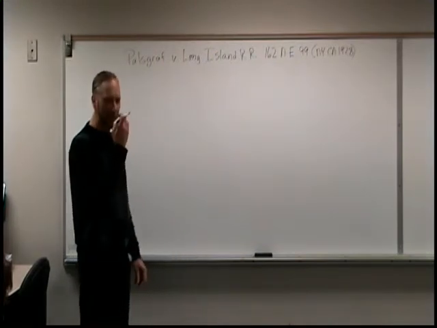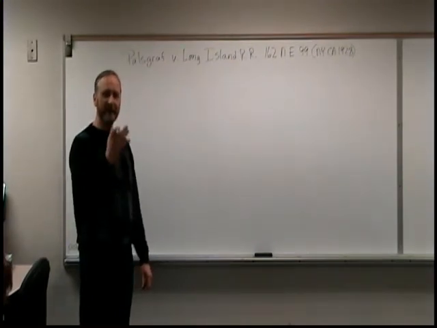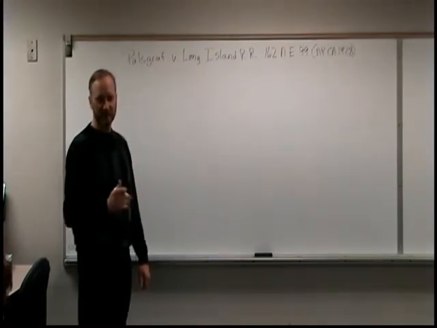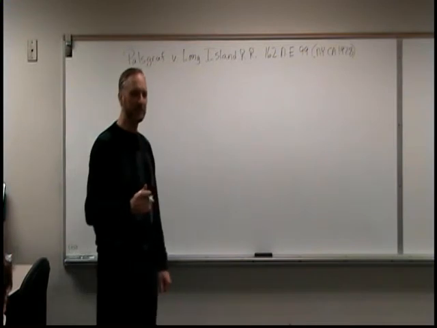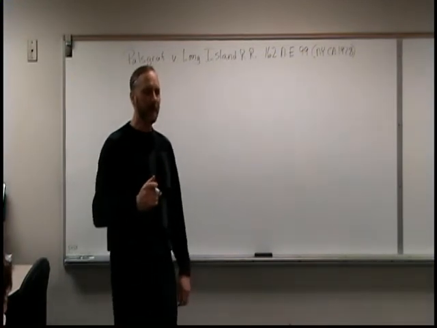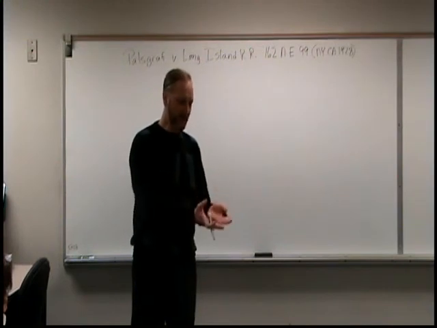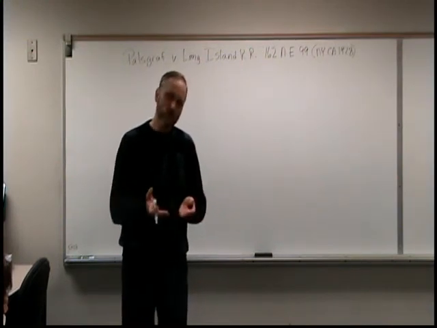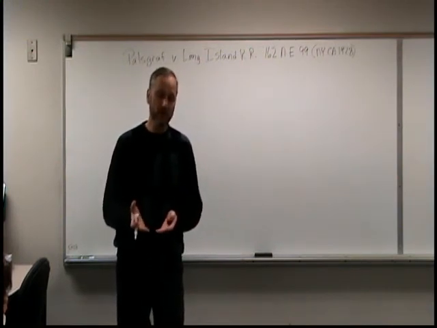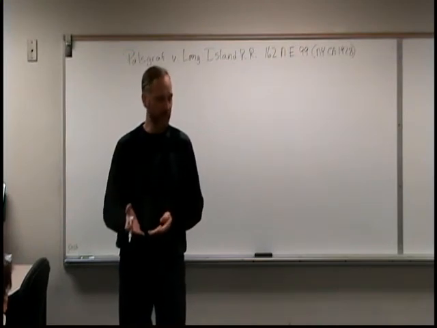So the first thing we do in a brief is have a brief recitation of the facts. The purpose of this is mainly so that we can show that the facts of our case are in some way analogous or similar to the facts of this previous case.